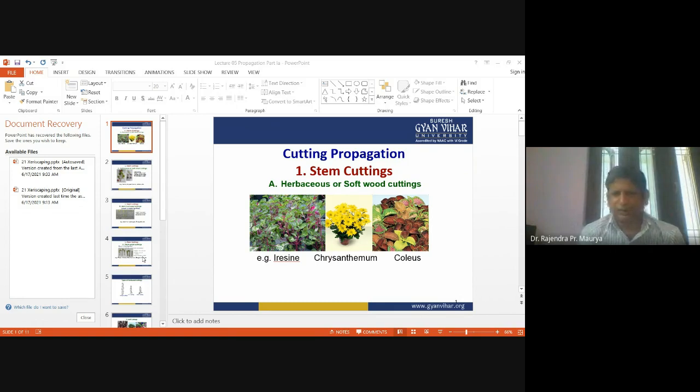The different factors are, first, genetic factors. What is the genetic factor? It will depend on plant to plant. Here I would like to give you an example: white muscienda or pink muscienda.